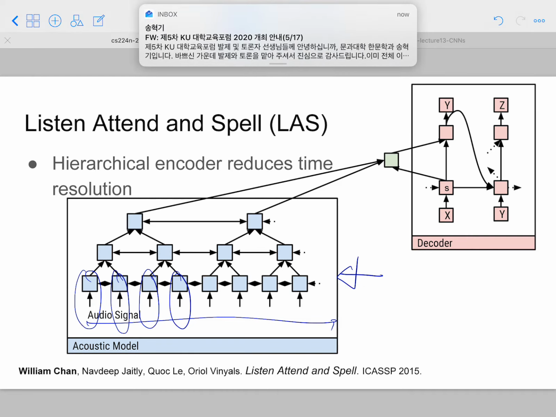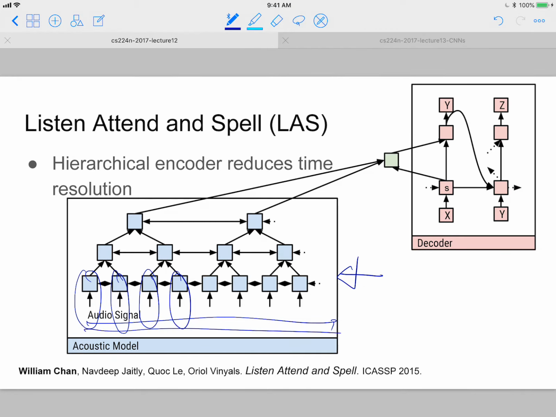The main problem is that this sequence may become really long, right? And if we compute the attention vectors on these really long sequences, the computation could be really heavy. So we actually do some hierarchical aggregation.